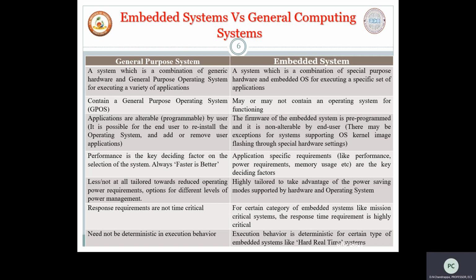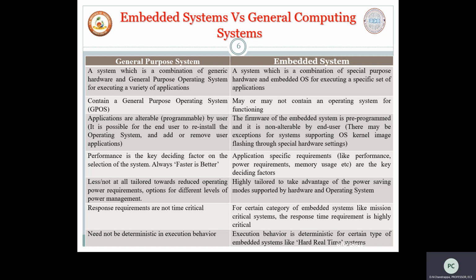How is an embedded system very different from a general purpose system, in a few words? An embedded system has a very specific set of applications and a properly functioning operating system. It is not alterable by the end user, and it is very specific with respect to the applications. It has power saving modes supported by hardware and operating systems.